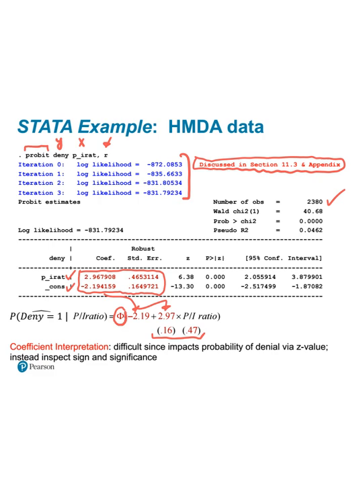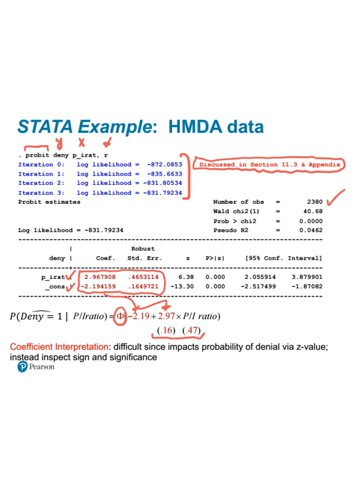So we are not going to say, oh, if I change the PI ratio by 0.1, this is going to lead to a beta 1 impact on my probability of denial. We're not going to do that, because that would only be true if the coefficient entered in linearly, which it definitely does not.